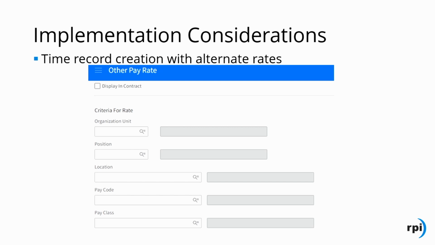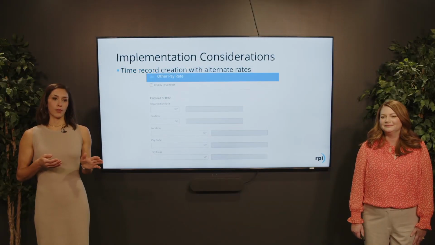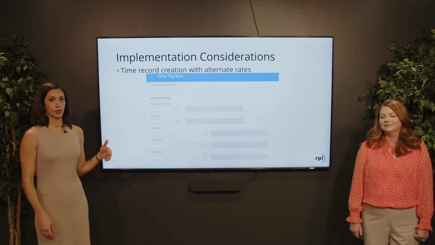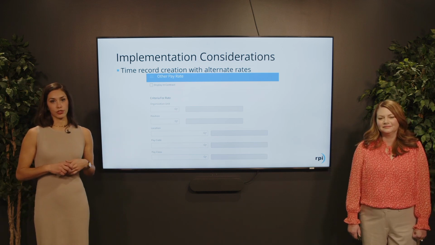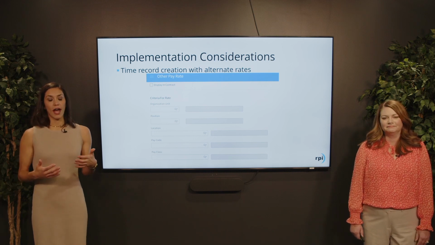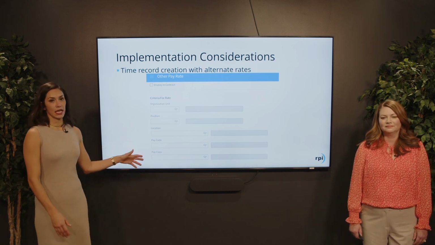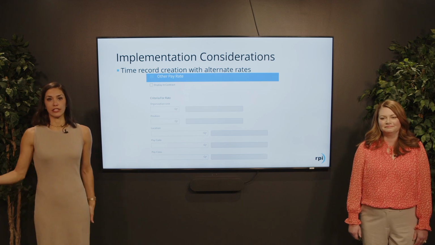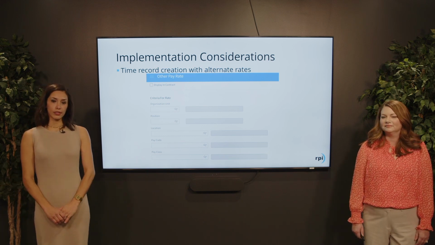Namely, the position field is what you have available in GHR as opposed to the job field in S3. So take this into consideration as you look at your job and position structure. You may have to change that structure a little or add new position codes to accommodate the time record information defaulting incorrectly based on those other pay rates.